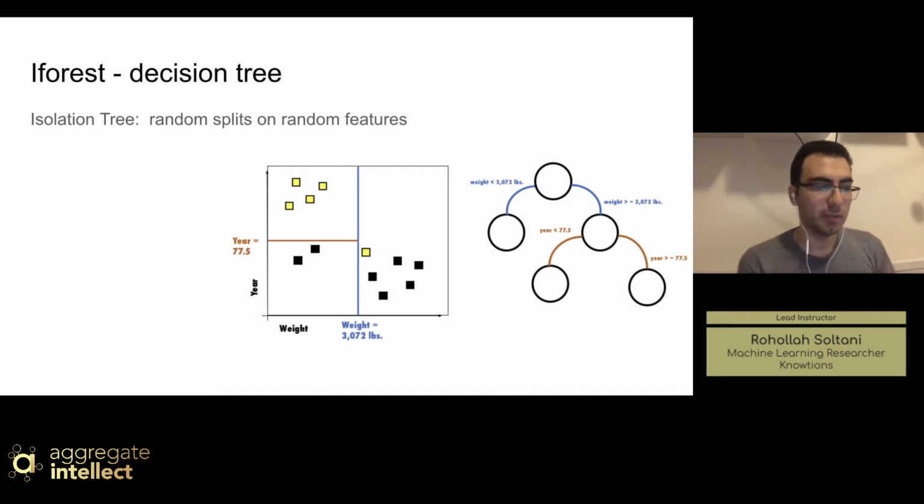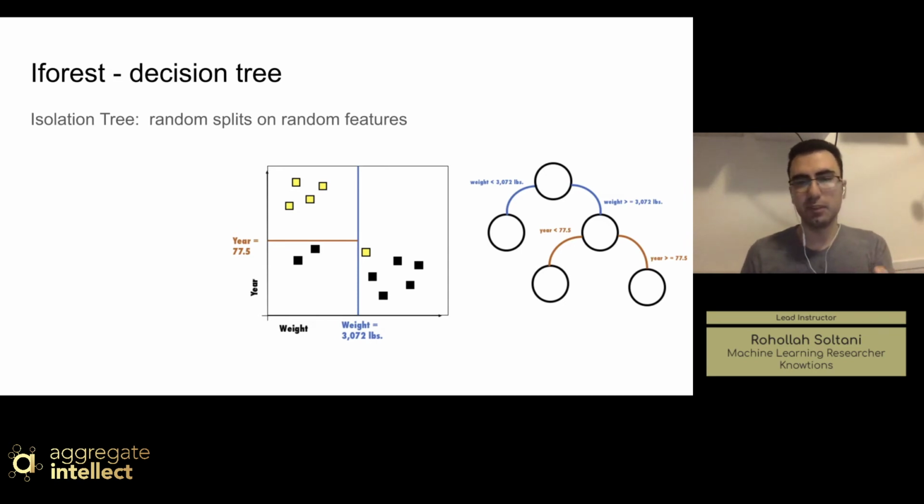So the idea is to build decision trees to see how many random splits on random features it takes to isolate each data point. The number of splits required to isolate a sample is equal to the path length from the root node to the final node. So if you want to isolate one node, you have to split the data enough on different features randomly.